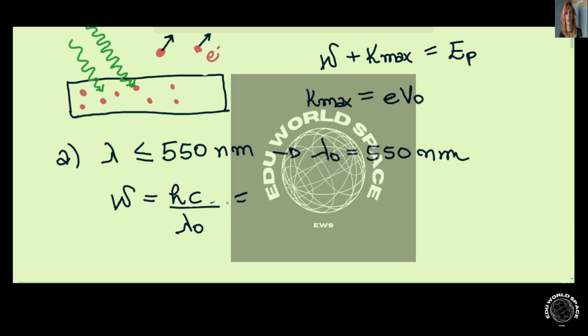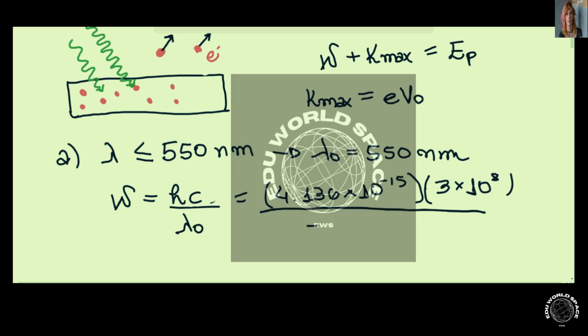So let's just substitute the values. Planck's constant in electron volts is 4.136 times 10 to the minus 15, the speed of light is 3 times 10 to the 8 meters per second, divided by 550 nanometers, where nano is 10 to the minus 9.